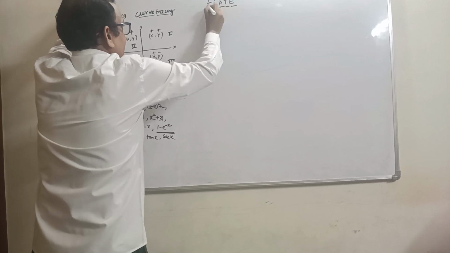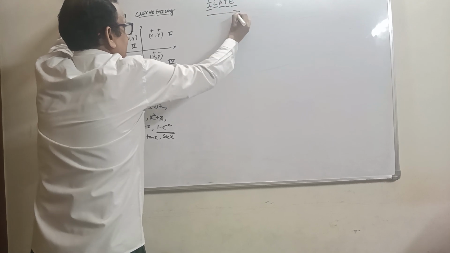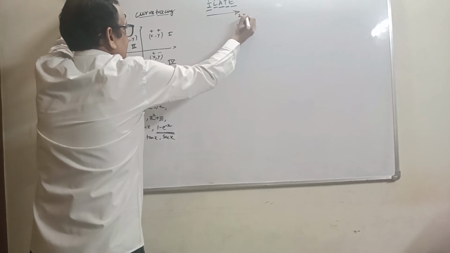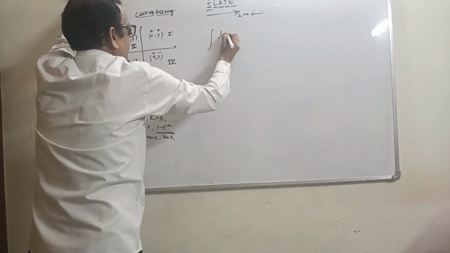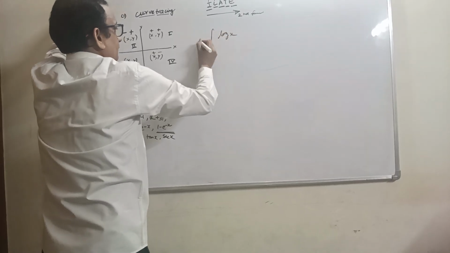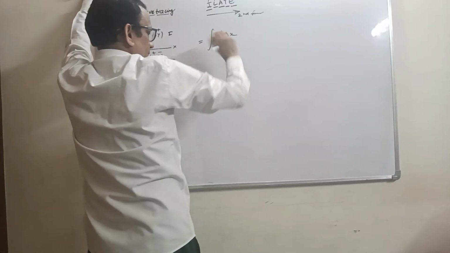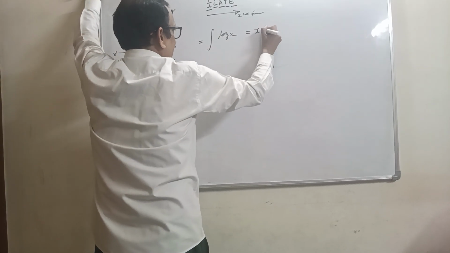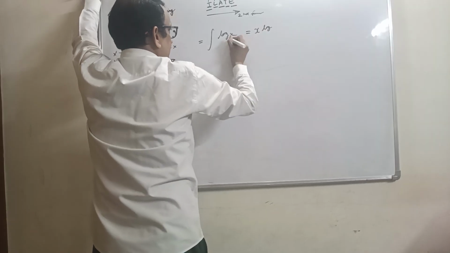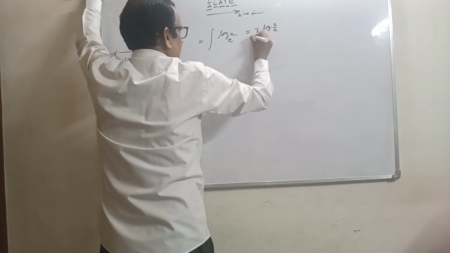This order, then take the second function. So integration of log x, we have to do by 1 and 2 function, so we have calculated this would be x log x, this is the integration you have to find.